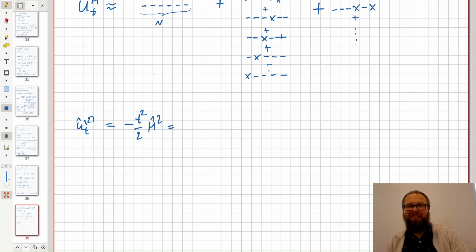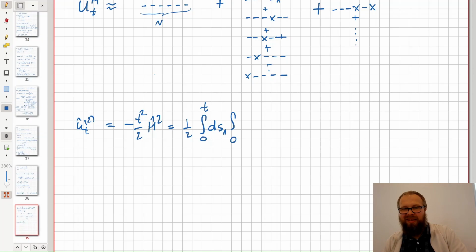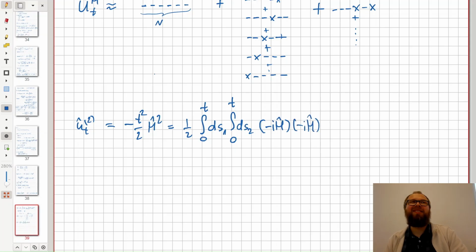But the second order I can just write as 1/2, integral dt ds1 dt ds2, minus ih, the same trick, right?